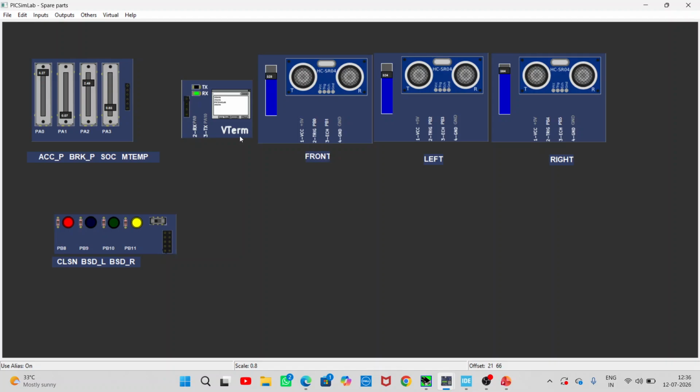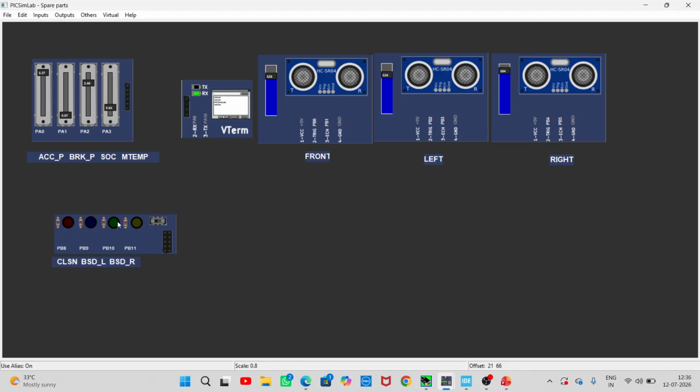Here I have four LEDs. One is critical, then blue and green for advisory indicators, and yellow for warning. Red LED for collision. Both green and blue for BSD left and green for BSD right.